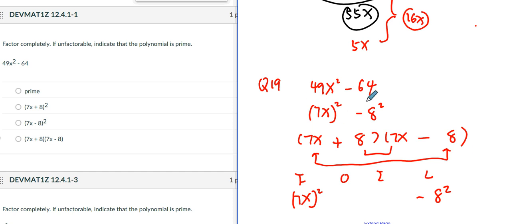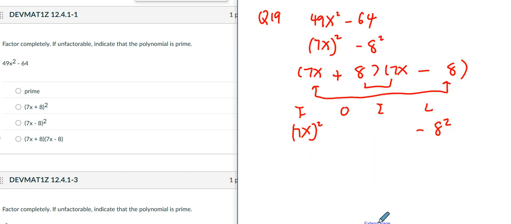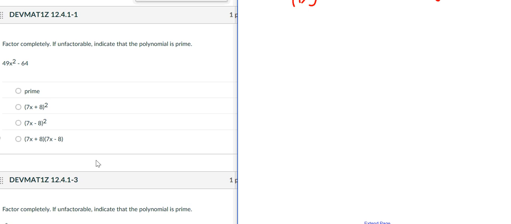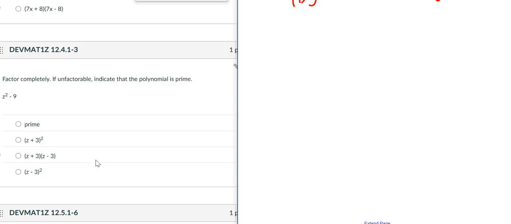This one. Okay. Let's do the last one, question 20. Question 20 then would be even easier, right? So let me write here. That's z, question 20. That's z squared minus 9.